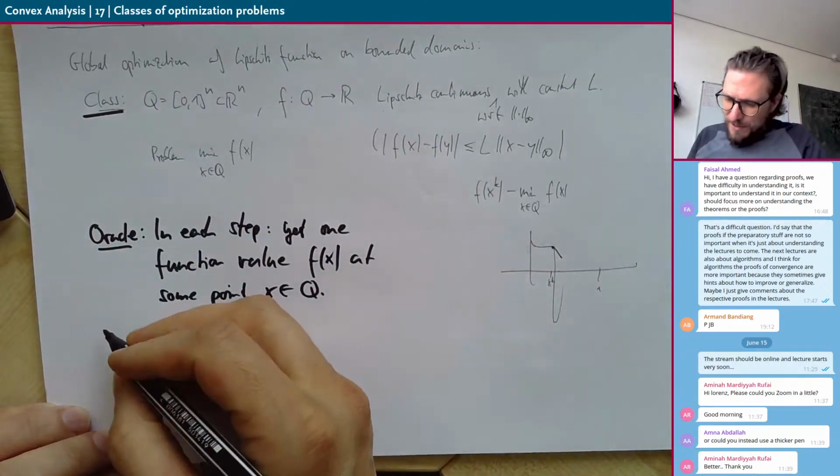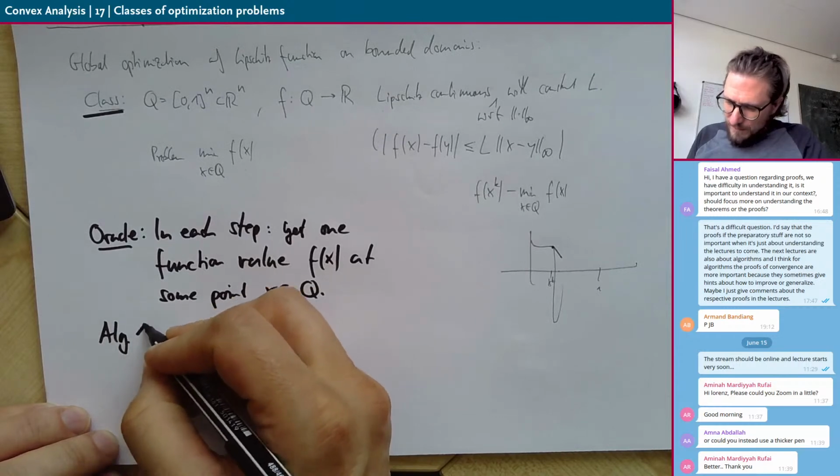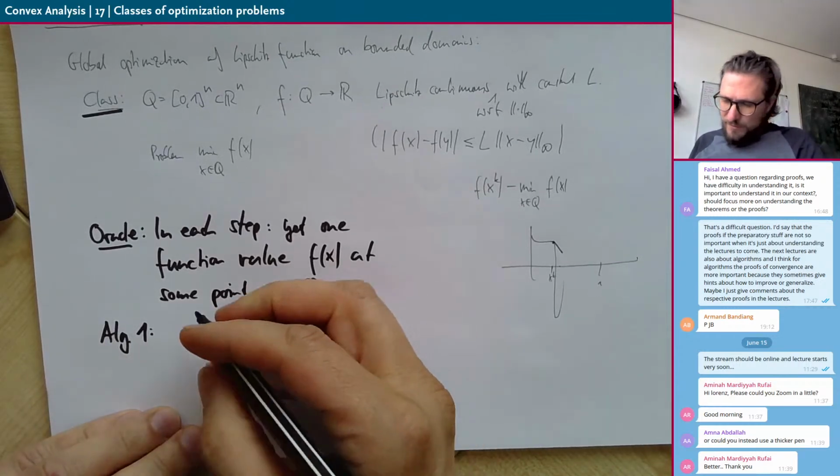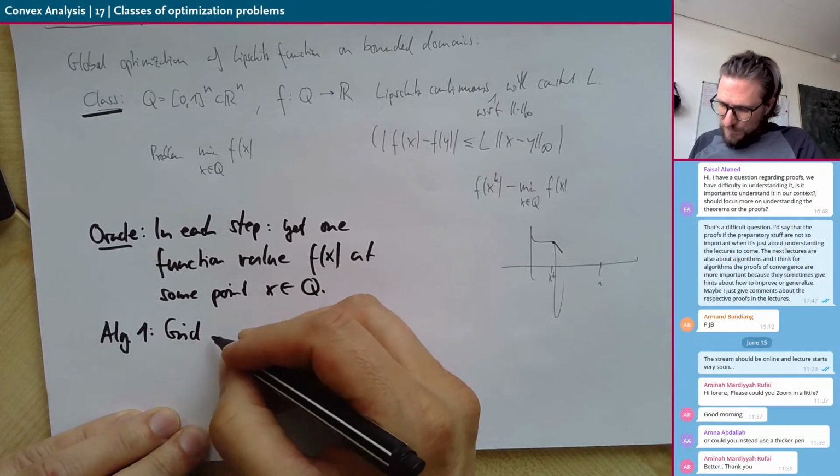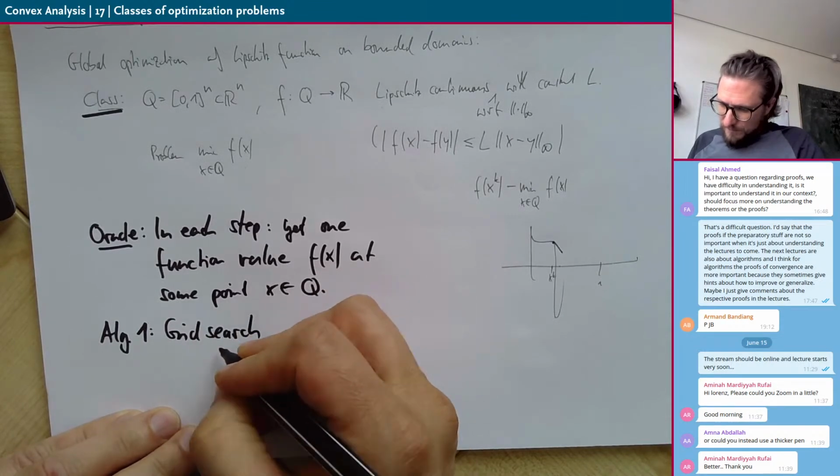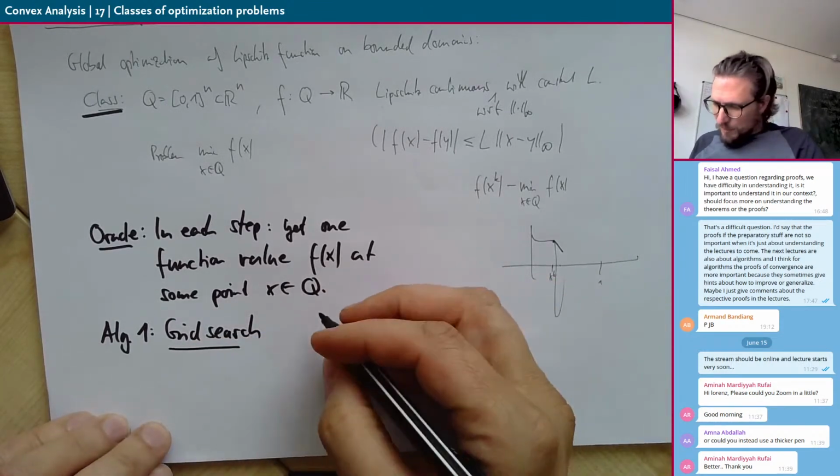And this is a very simple algorithm. I think it's called Algorithm 1 in the lecture notes. It's called grid search. Yeah, and it works like this.